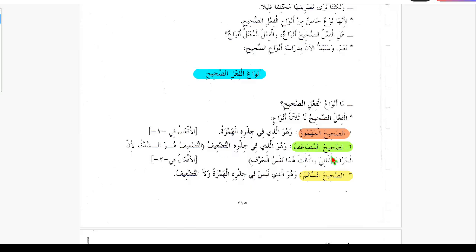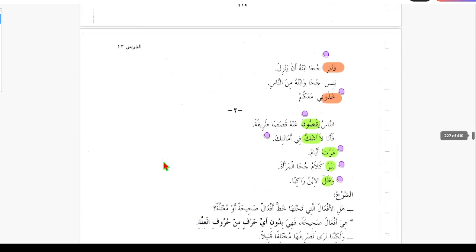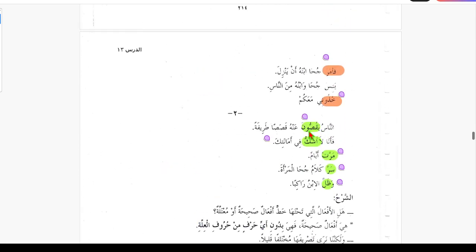And the second one is as-sahihul mudhaf. This is the verb that has the same second and third root letter, and that we have seen in example number 2, like kassa yakusu.